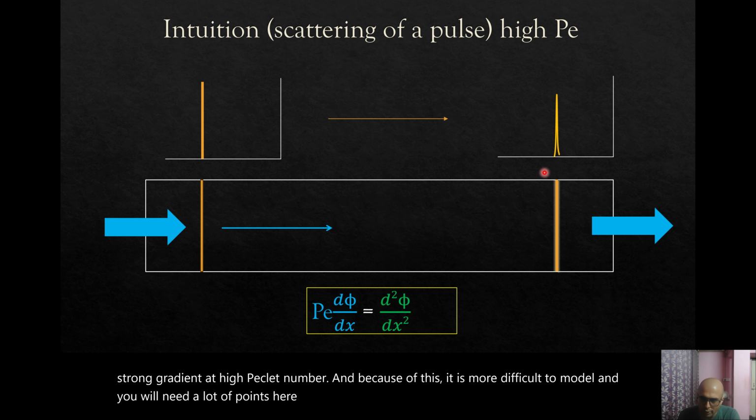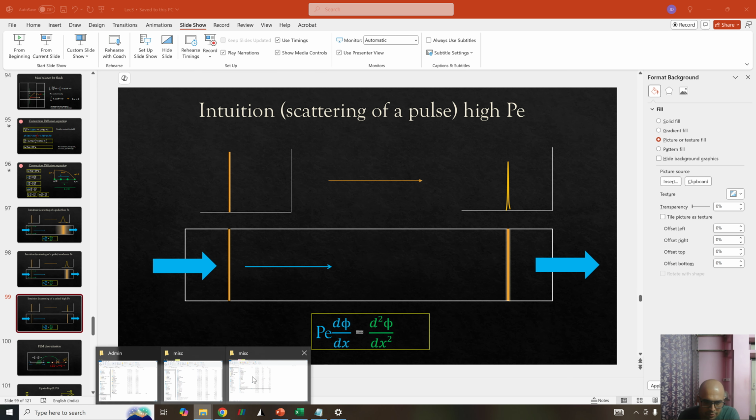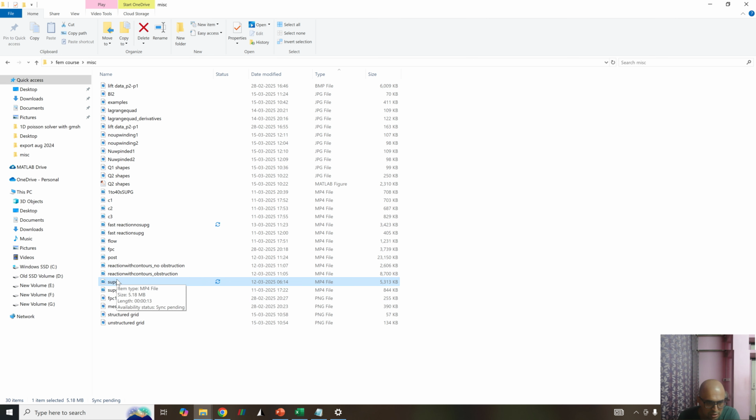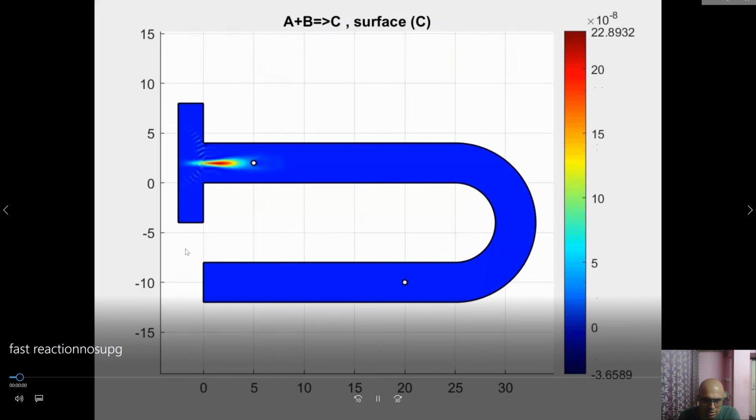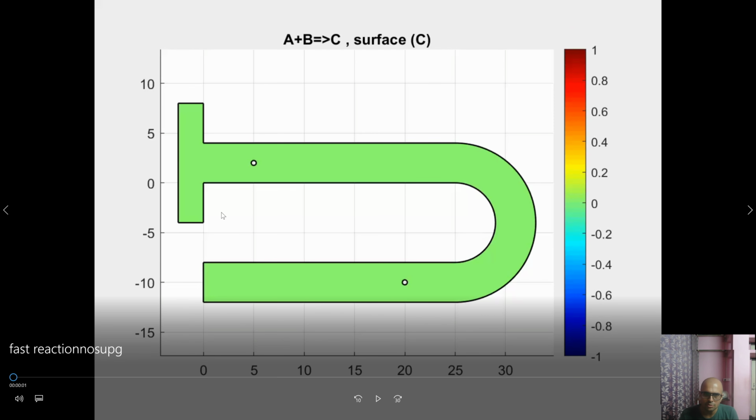Okay, so now let's look at a real CFD simulation in finite elements where we are facing this problem. Let me explain the case first.